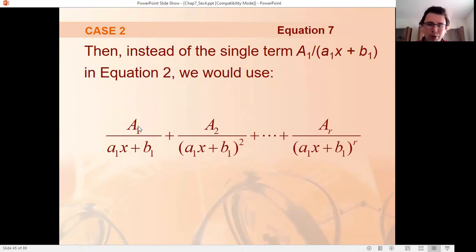That's it. So an a1 divided by the linear term, an a2 divided by the linear term squared, an a3 divided by the linear term cubed, and so on. We can just keep going. I mean, the algebra can keep going. I probably won't make you do more than like 10 of these.